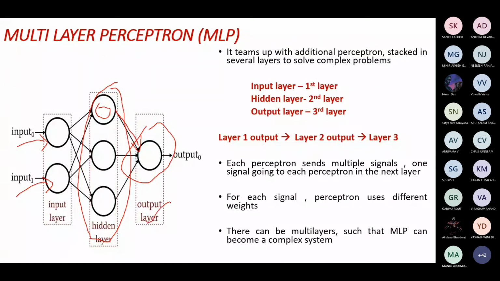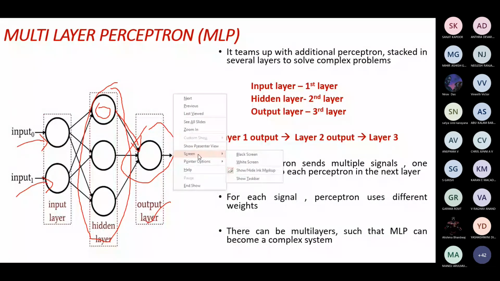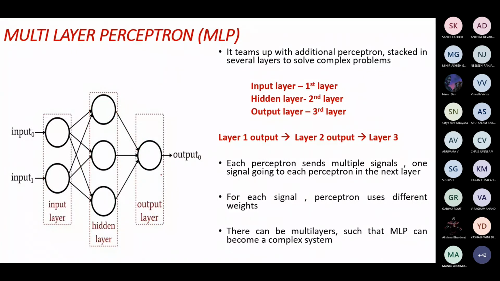Can you see? If you consider this line alone, and this line and this one, can we call this a single layer perceptron? Isn't it, students?